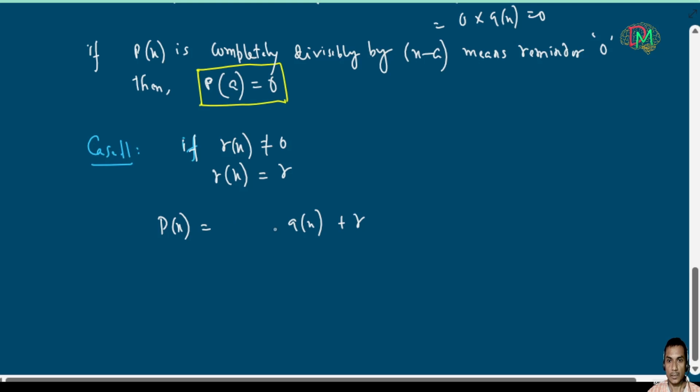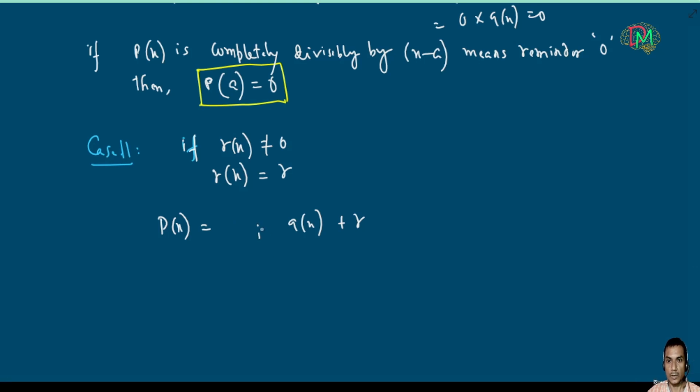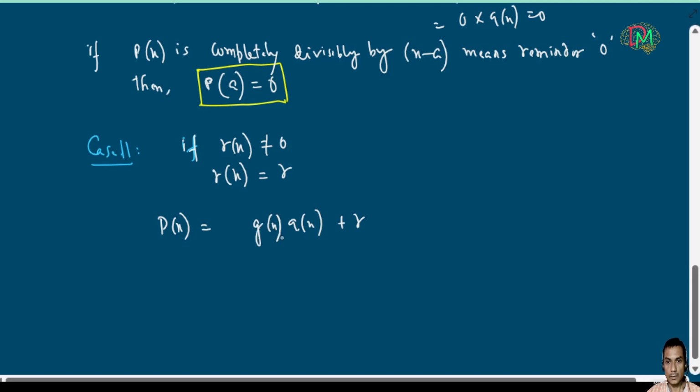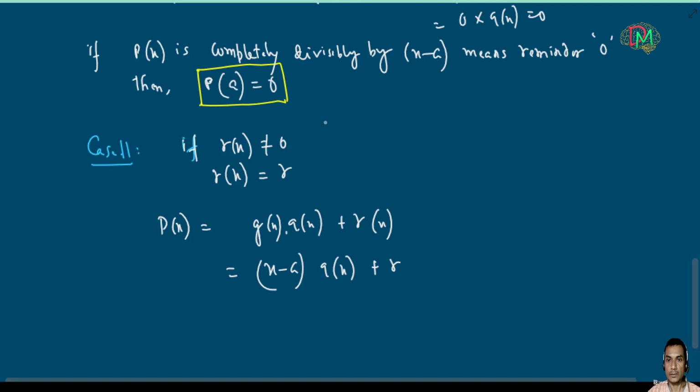That is P(x) is equal to Q(x), this is the quotient, and G(x) into R(x). Next we can write G(x), we know that given, that is x minus a, and that is Q(x), and R(x) is what? R(x) is r, already assumed here.